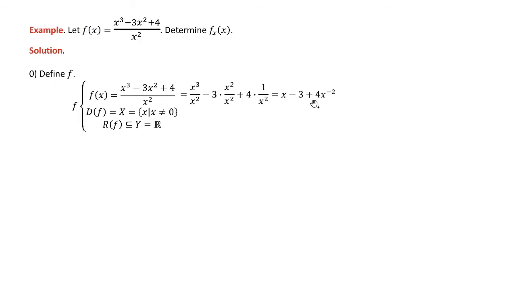And it's just this simple rule, right? I mean, x to the power, constant, plus or minus constant x to a power, plus or minus constant x to a power. This is going to be much easier to do the calculus on than the original rule using the quotient rule. Now, will you get the same answer? Yes.